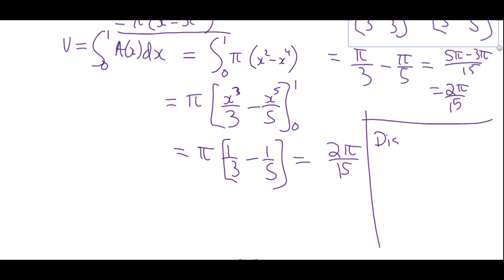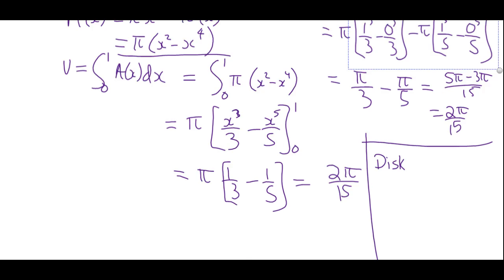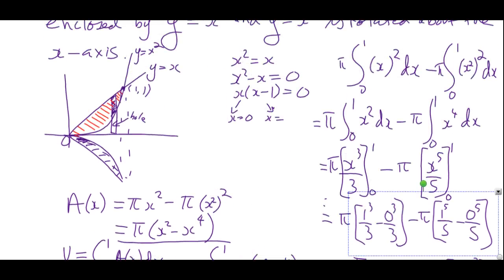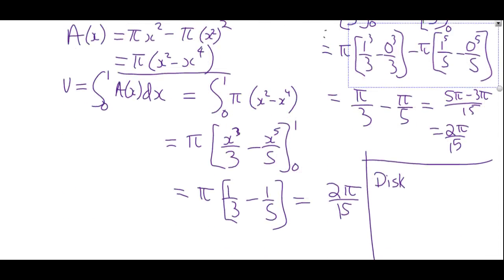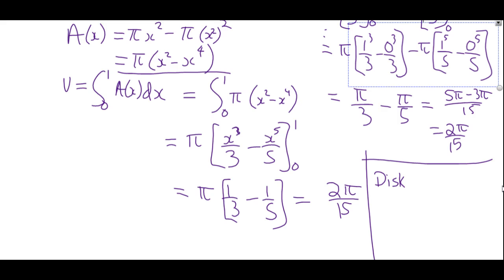So if you're doing a disk, this way you don't have to work out the outer volume minus the inner volume. You're just saying, hey, I know that I'm sweeping out this particular area, so let's get a simpler expression for area. So you're saving a little bit because you're going straight to 1/3 minus 1/5, if you combine the areas.